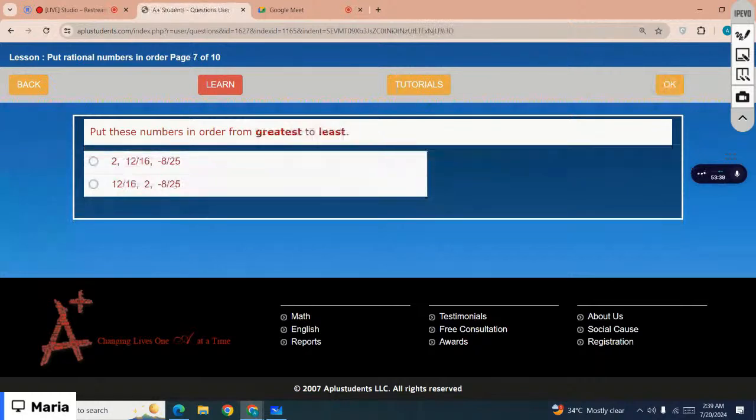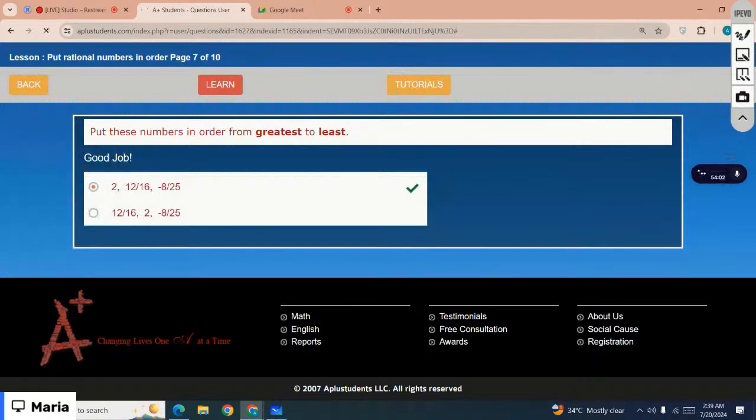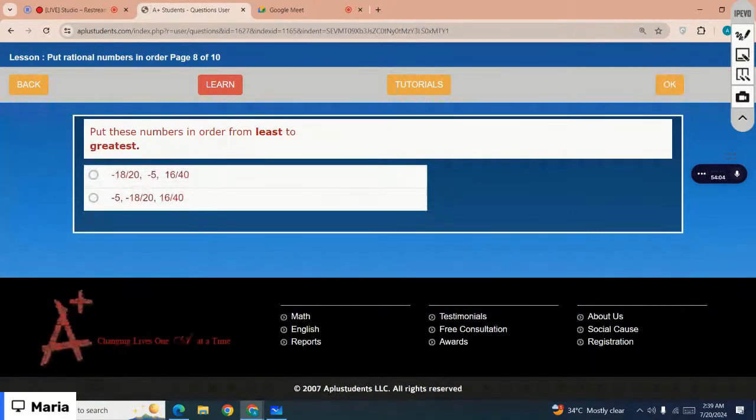Okay, put these numbers in order from greatest to least. Option number one is the correct option. Got it? Okay, put these numbers in order from least to greatest.